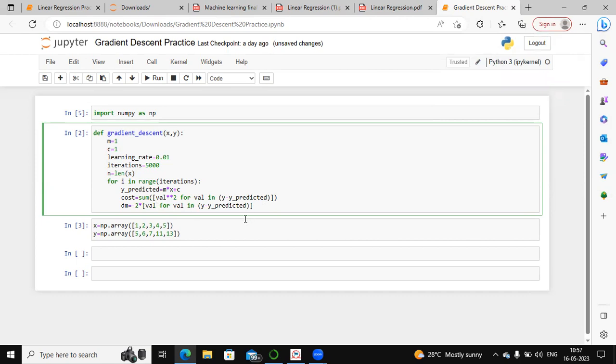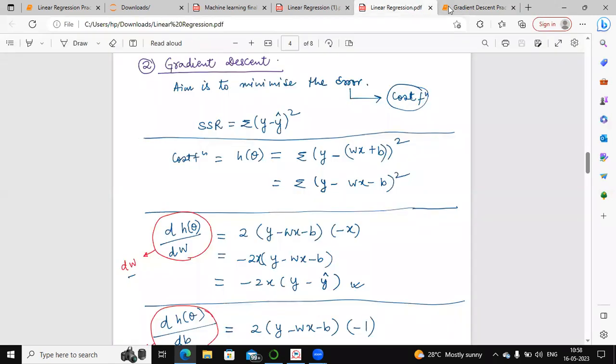We are not performing some operation. No, we don't need a list. So we have to just do minus 2x into y minus y cap.